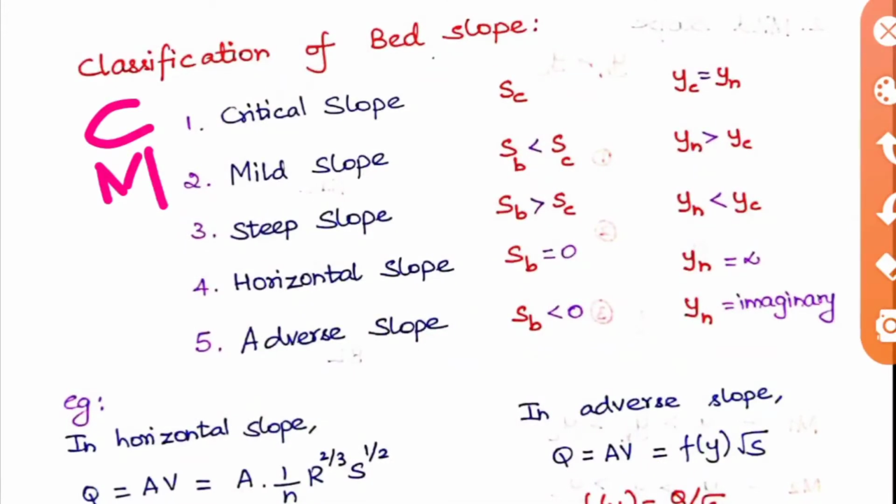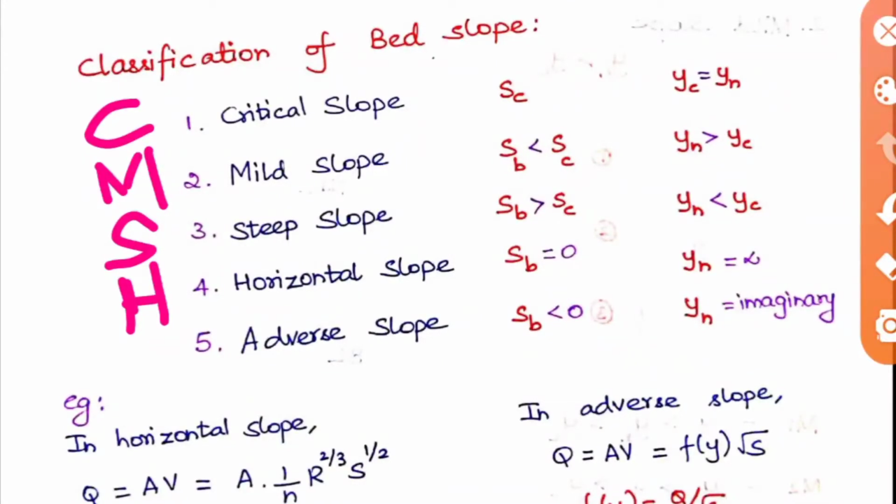The third is the steep slope, which we denote as S. Here the bed slope will be greater than the critical slope, and the normal depth will be less than the critical depth. So in the steep slope the flow will be supercritical flow. The fourth type is the horizontal slope. There is no slope provided, just a horizontal bed channel. Here SB will be equal to 0, that is, the slope is 0, so YN, the depth of the flow, will be equal to infinity.